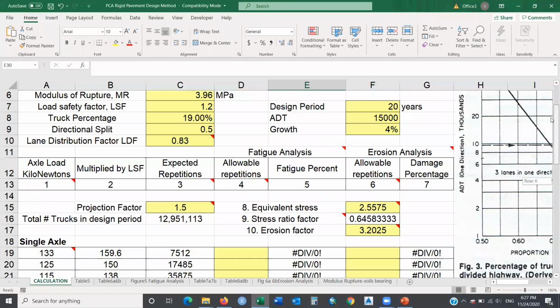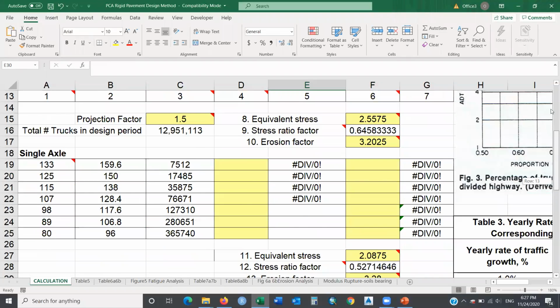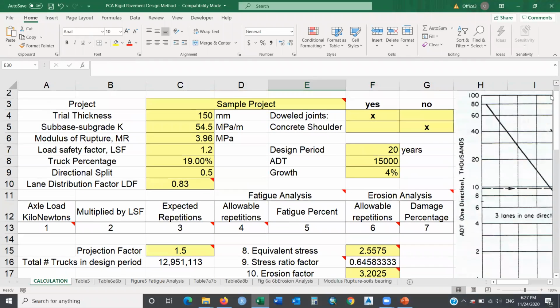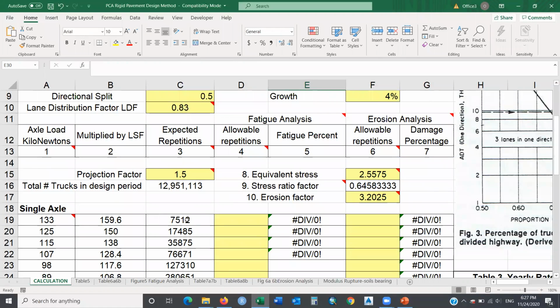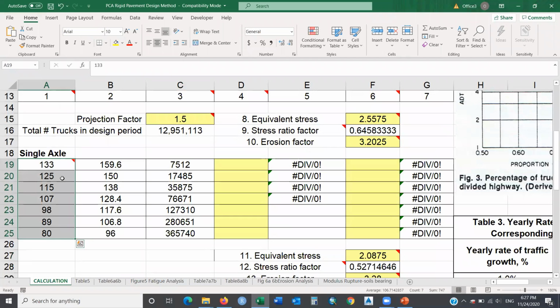Now, my groups. These, as we explained, are the highest weight of each group.